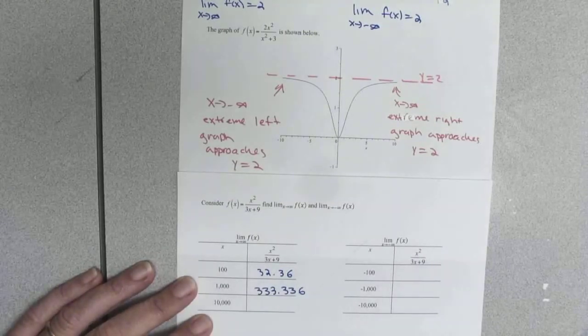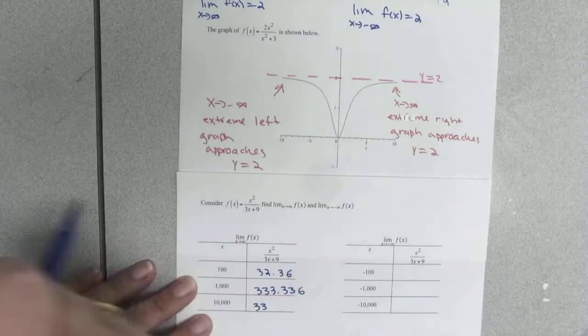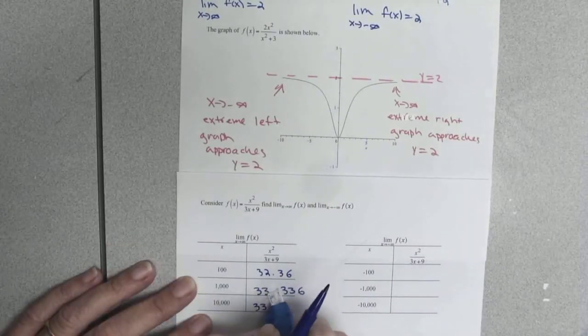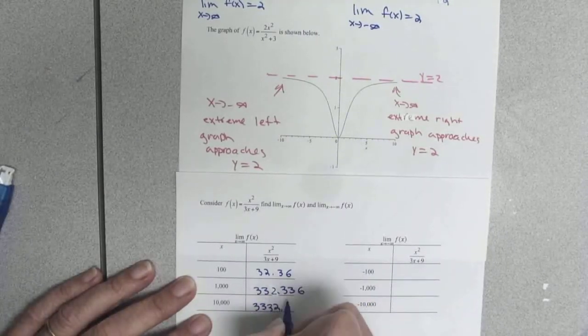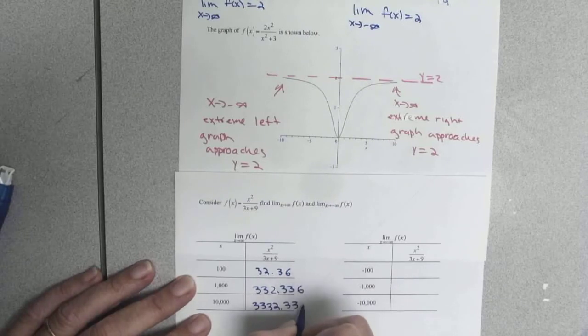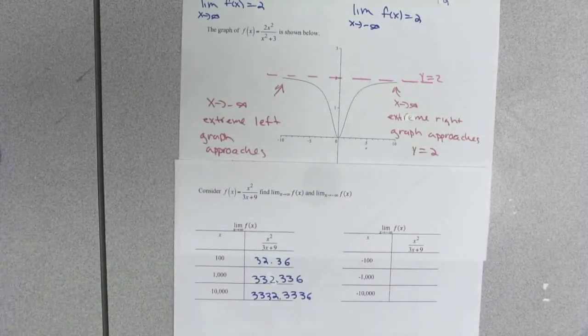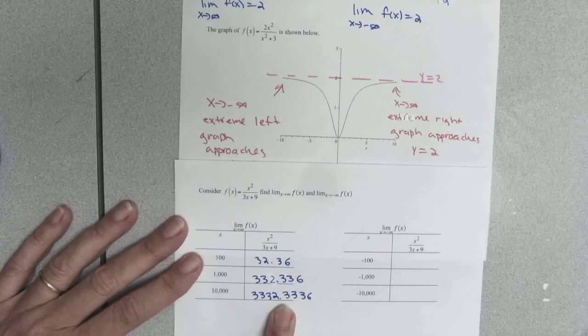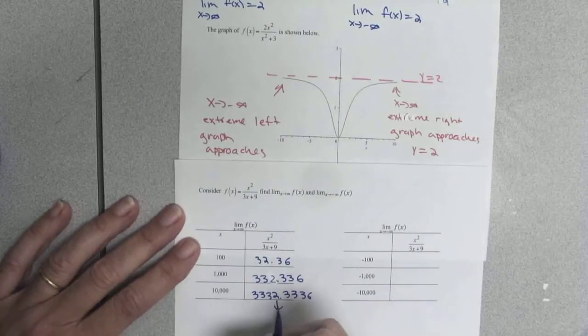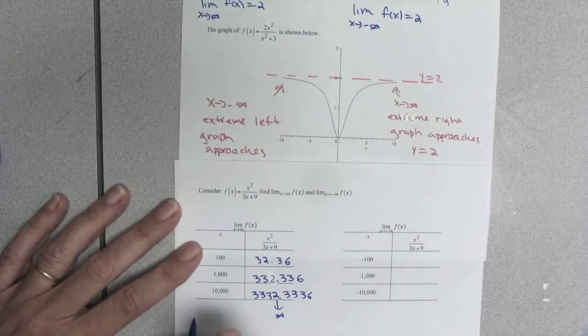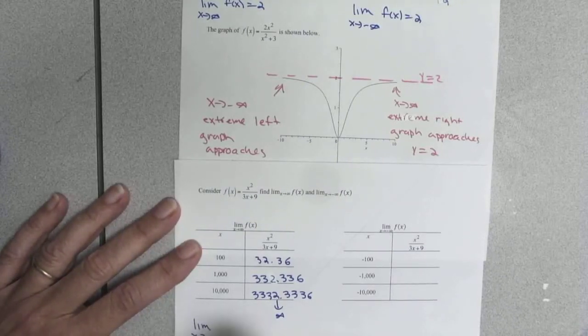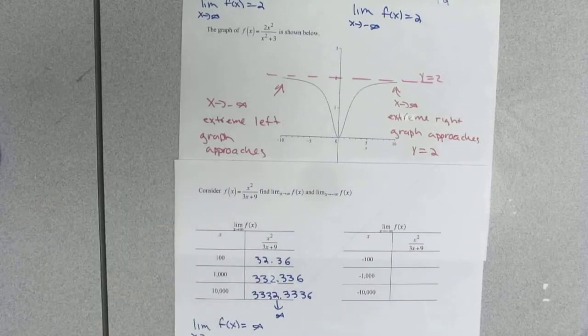And when I plug in 10,000, I get 3,032.3336. Okay, this is not approaching a fixed number. This just keeps getting bigger and bigger and bigger, so it's going off to infinity. And so we would say that the limit as x goes to infinity of this particular function is infinity.